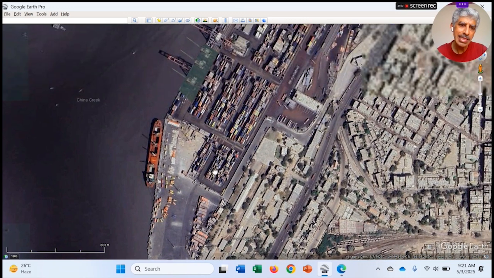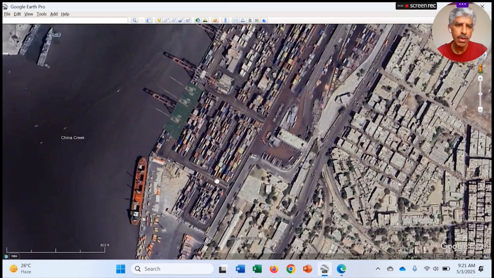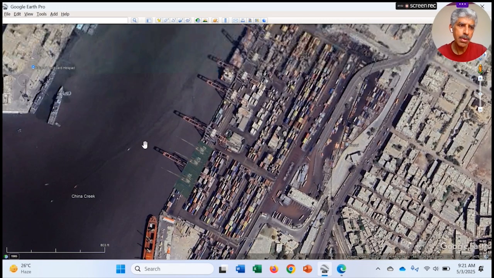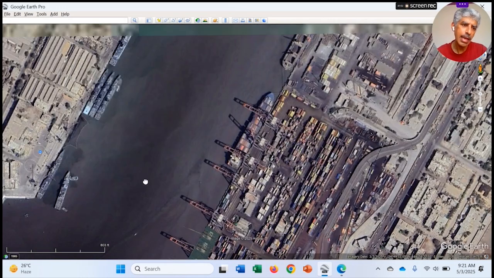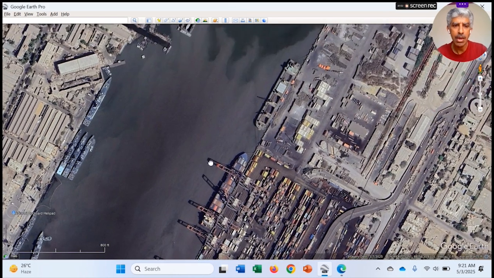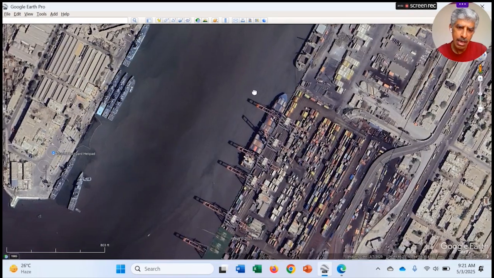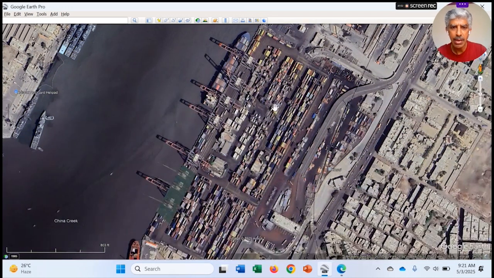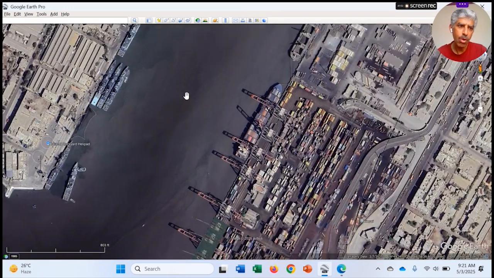So this is the bigger sort of port. You can see ships over here. Ship anchoring is done on both sides, the eastern wharf and the western wharf. This is known as the eastern wharf, this is known as the western wharf, and you can see many ships are anchored over here, and certain cranes are up which are loading or unloading the containers. And you can see the big container terminal over here on both sides.